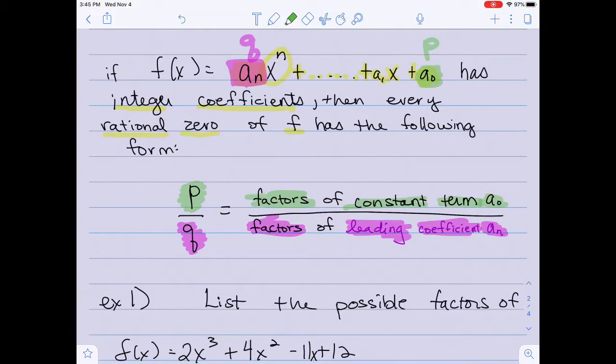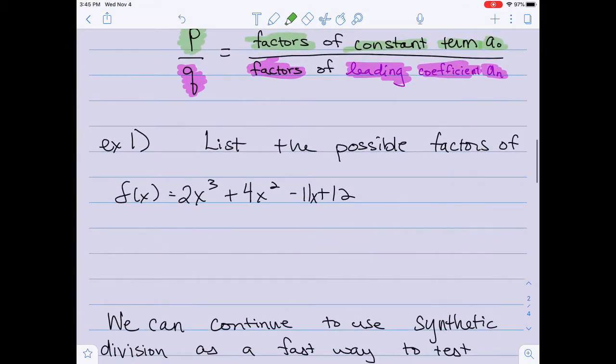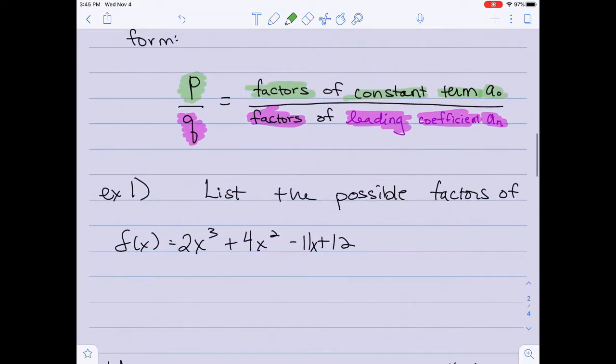Okay, so we're going to see this practically. How do we use this? For this example number 1, we're going to list the possible zeros of f of x. In order to list the possible zeros of this function, we're going to use the rational zero theorem.